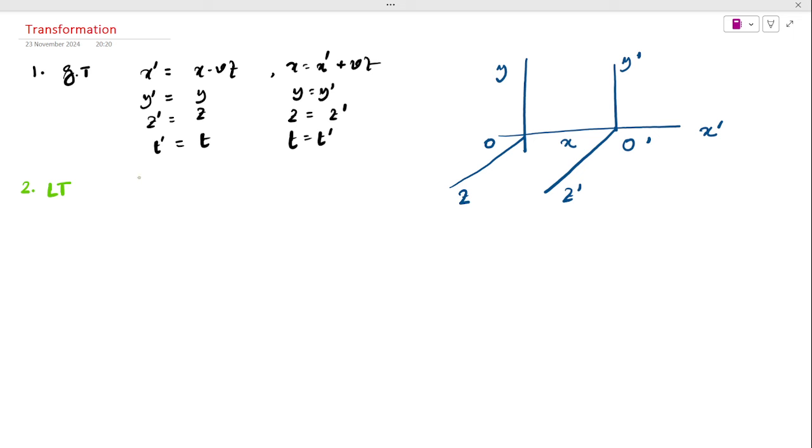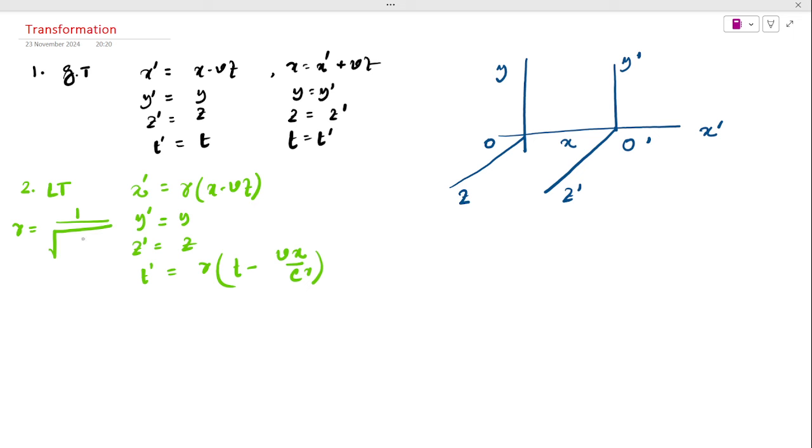Here is basically x dashed equals gamma into x minus vt, y dashed equal to y, z dashed equal to z, t dashed equal to gamma into t minus vx by c square, where gamma is equal to 1 by root over 1 minus v square by c square, and beta equal to v by c.